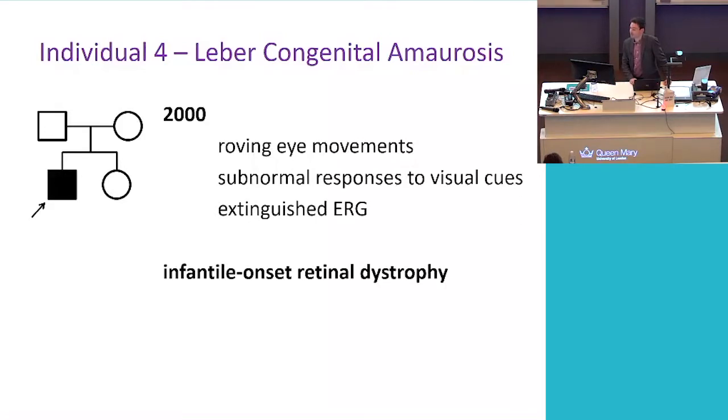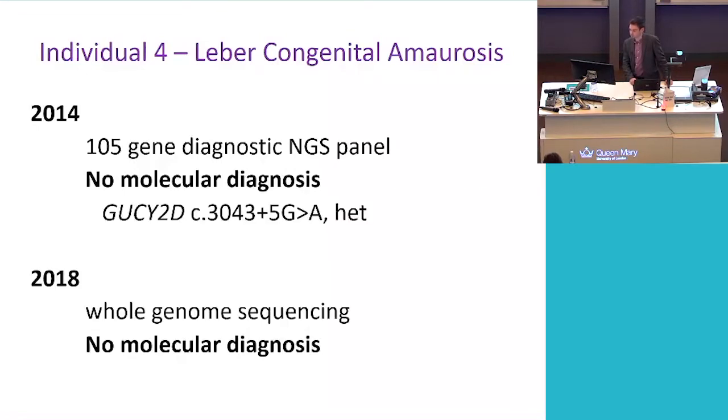He was the only affected individual in his family, and again, he showed subnormal responses to light at a very, very early age. Through the 105 gene panel, he didn't receive a genetic diagnosis, but we identified that he was a carrier of a potentially pathogenic mutation in a gene called GeCIP2D. So GeCIP2D is associated with these infantile onset retinal dystrophies, but importantly doesn't have a syndromic effect.